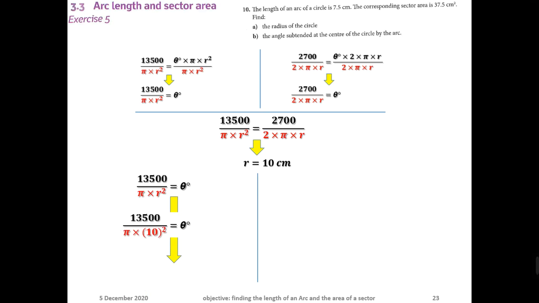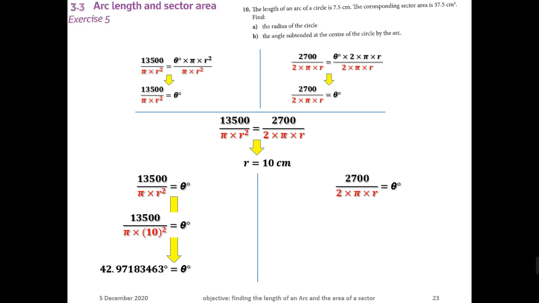So it's going to be 13,500 over pi times 10 squared. Insert this in the calculator. The answer will be, correct to 3 significant figures, 43.0 degrees.